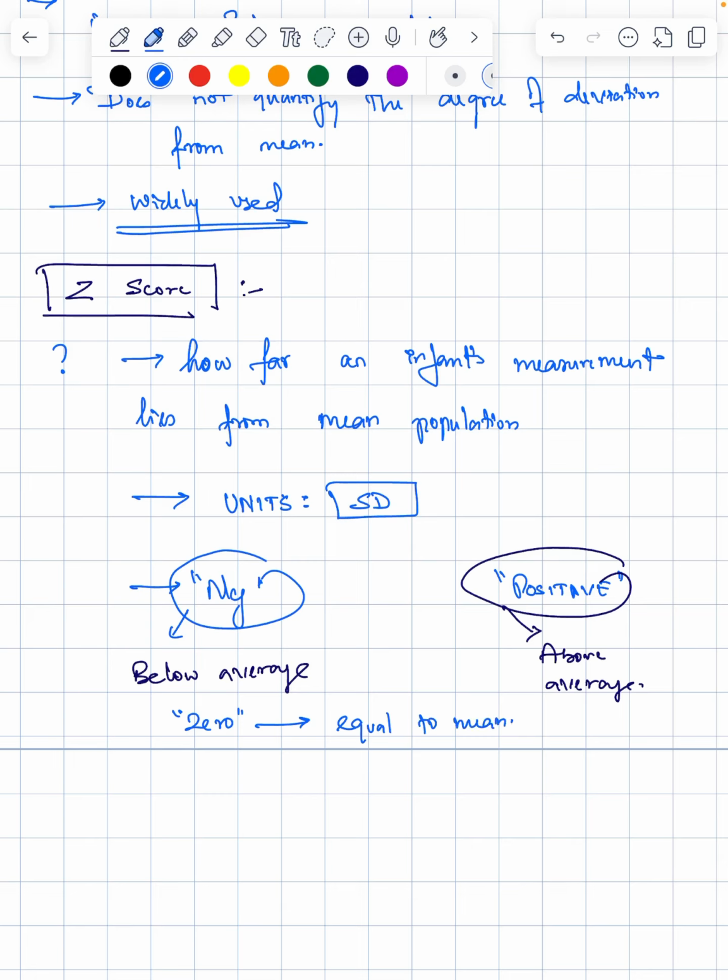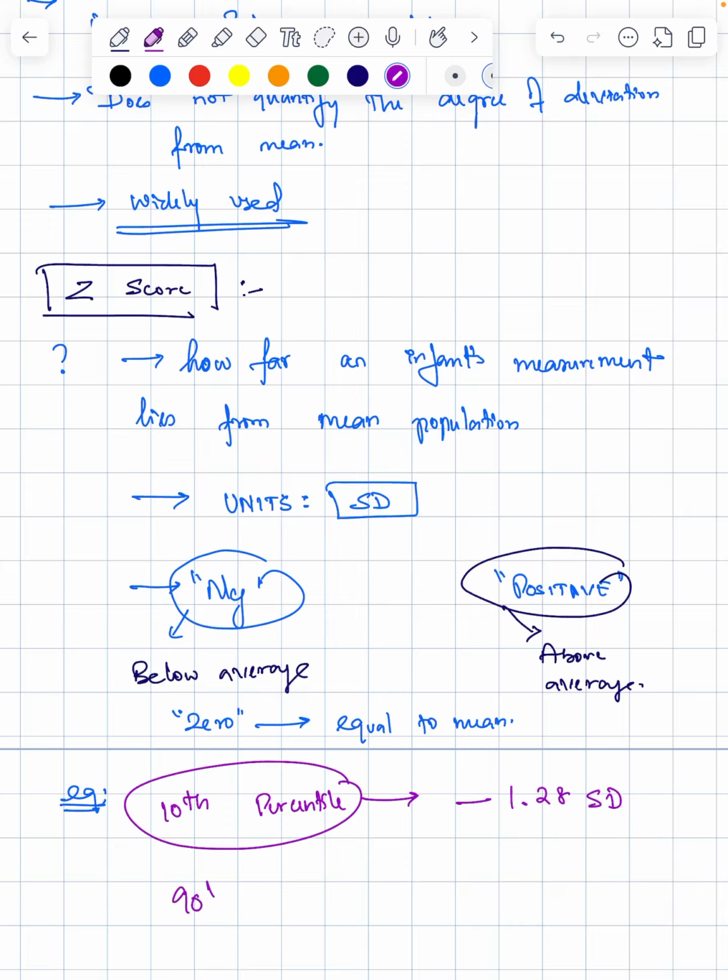For example, your 10th percentile stands for about minus 1.28 standard deviation, while your 90th percentile corresponds to plus 1.28 standard deviation.